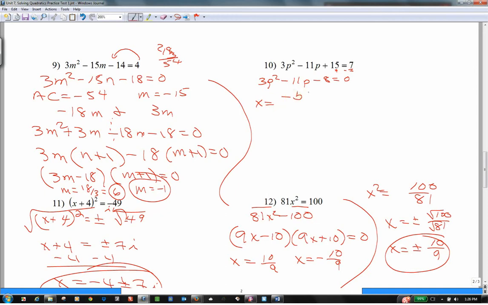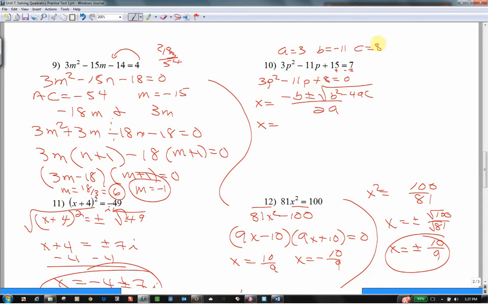The formula is x equals negative b plus or minus the square root of b squared minus 4ac, all over 2a. So a here would be equal to 3, b is equal to minus 11, c is equal to negative 8, because I had to move it over. Sorry, let's adjust. Subtract the negative 7, that's a plus 8. So c is equal to 8.